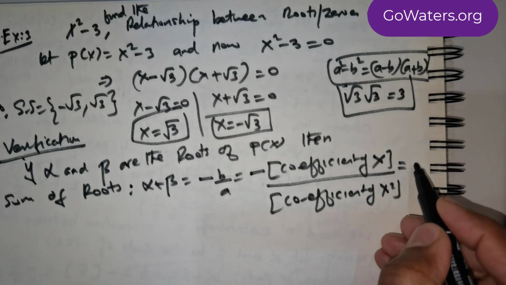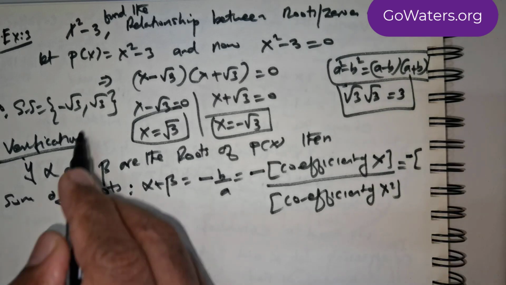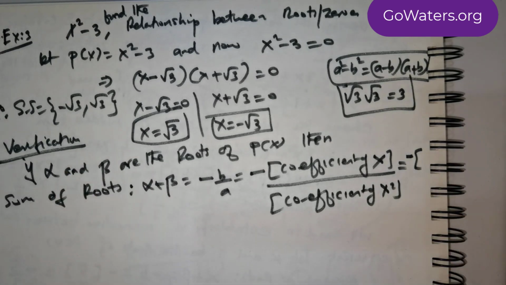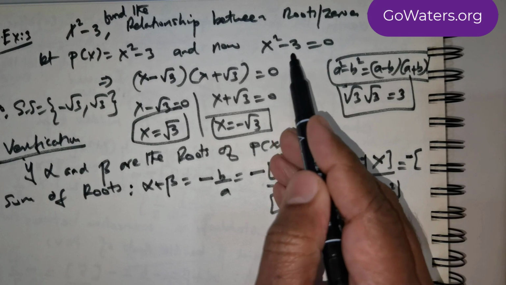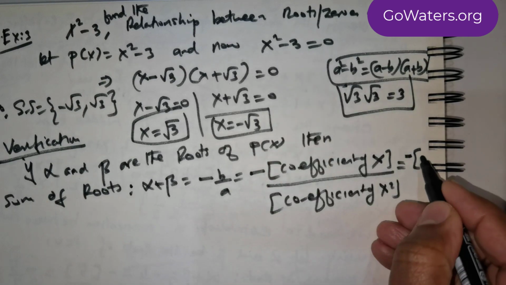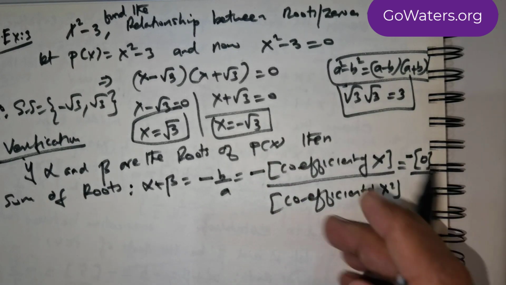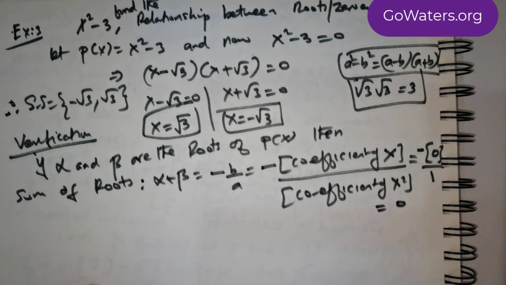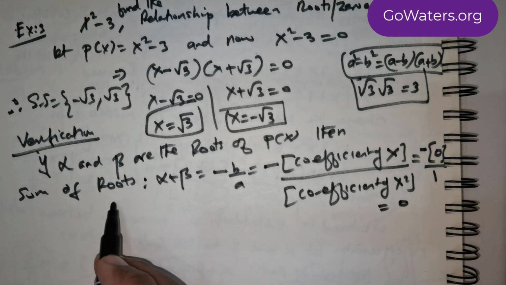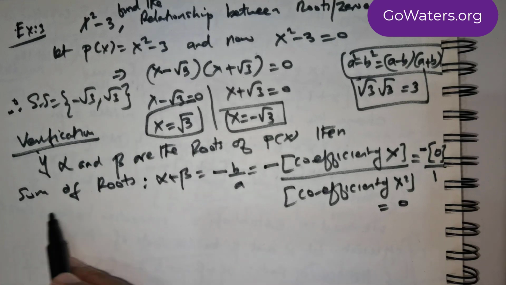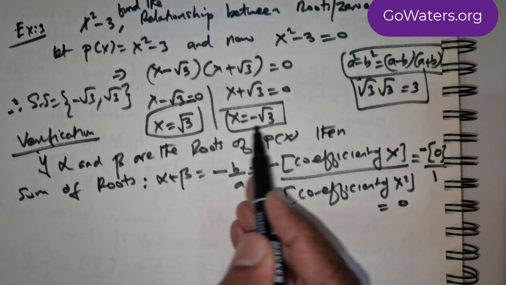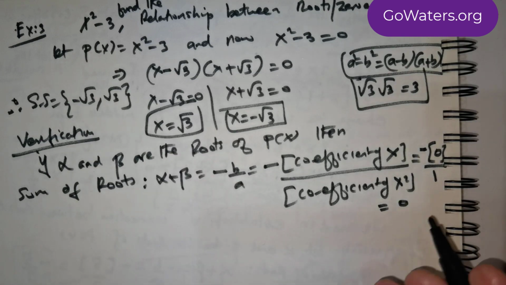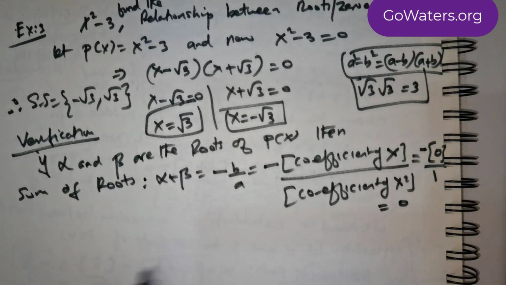So that is equal to negative of, what is the coefficient of x? Do we have a coefficient of x here? 0 divided by coefficient of x squared is what? 1, which is equal to 0, right? So that's a solution there. Now just check out the roots. If you were to sum them up, negative root 3 added with positive root 3 is for sure going to give you 0. So the validity stands firm there.